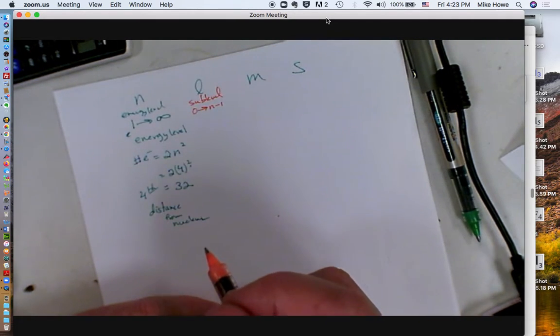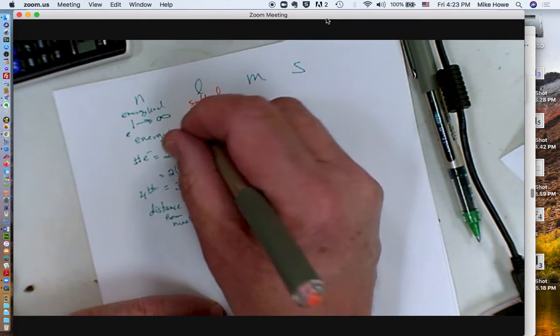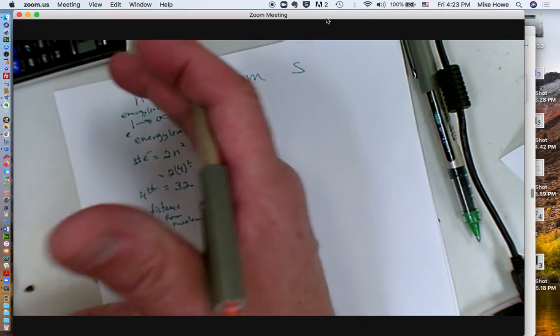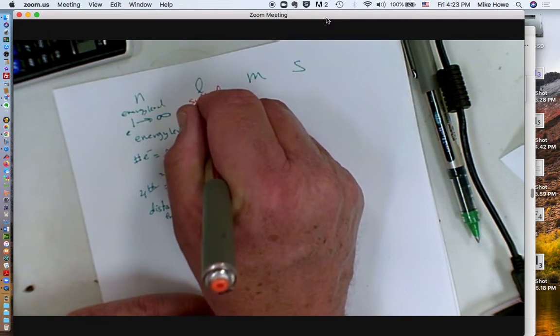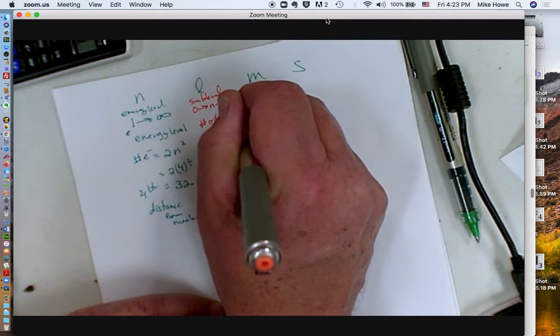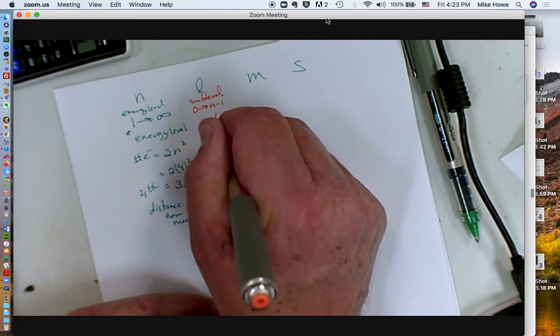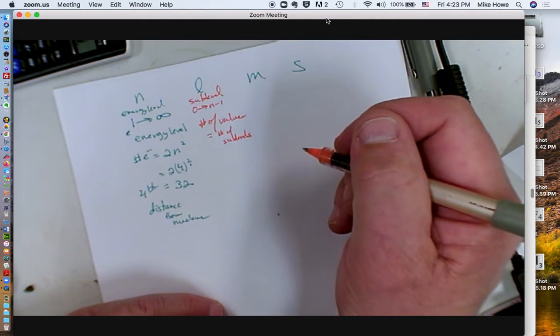That means the number of values of L is limited based on what n is. And I'm going to make a little chart down here for you in just a second. The number of values of L represents the number of sublevels. So each energy level, except for the first one, is divided into sublevels.